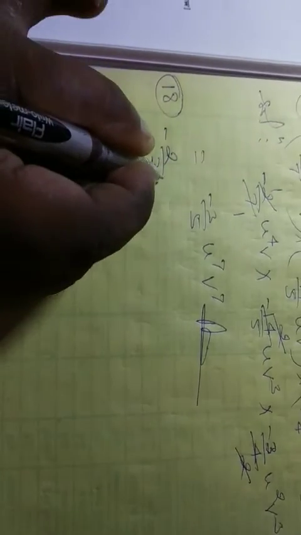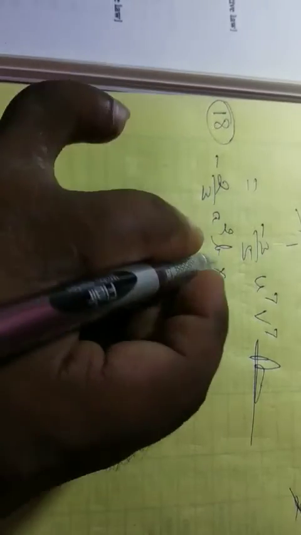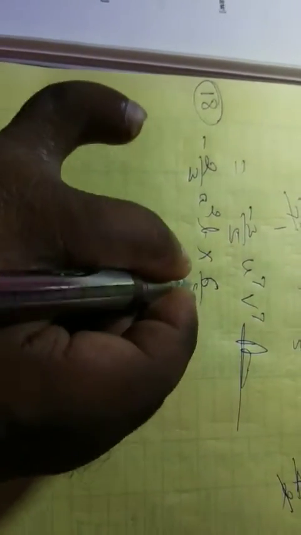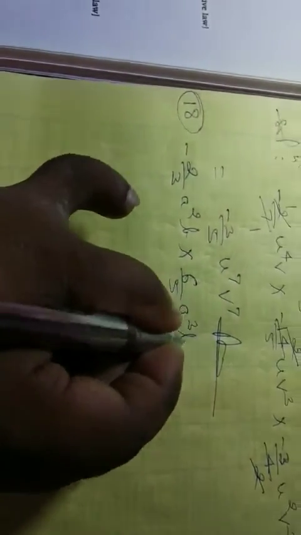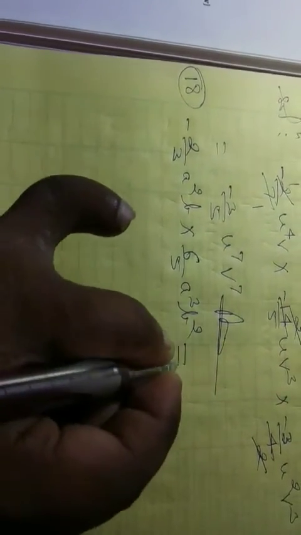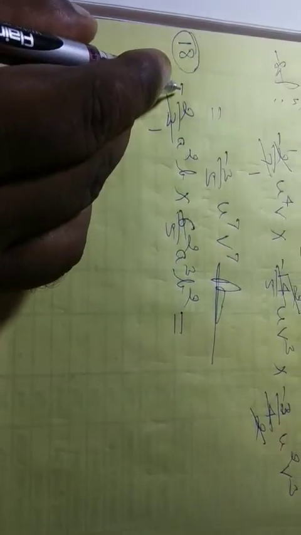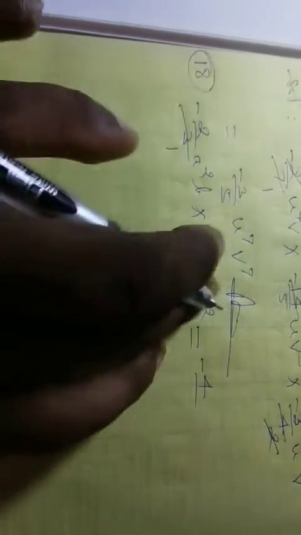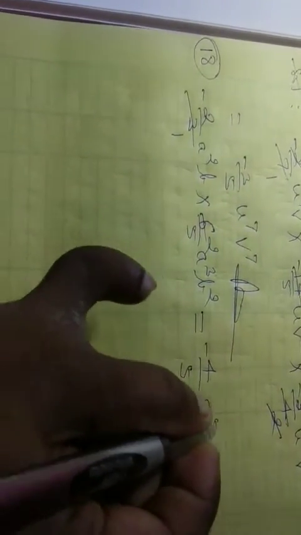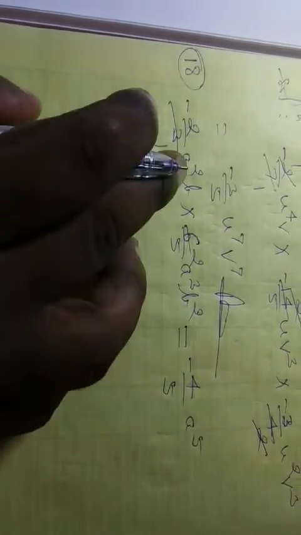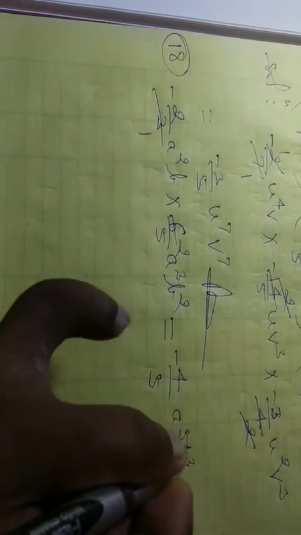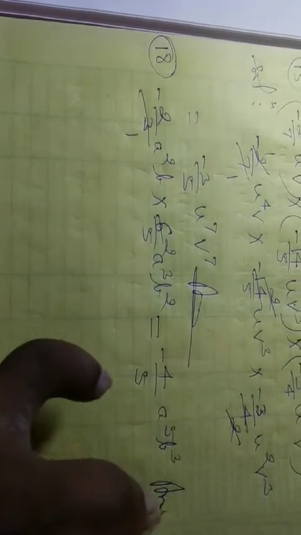First of all we multiply: 3 1 is 3, 3 2 is 6. So minus 4, 2 2 is 4, by 5 a to the power 5, and b to the power 3, b cube. This is the answer of multiplication.